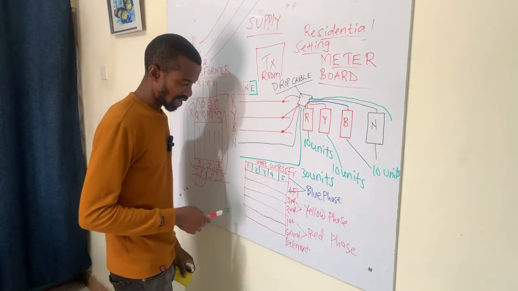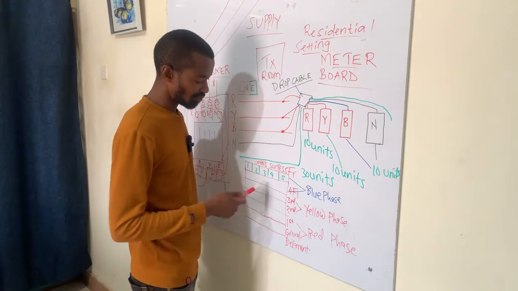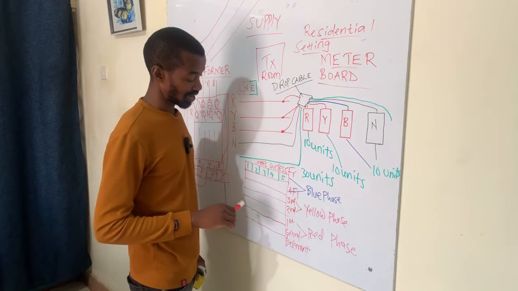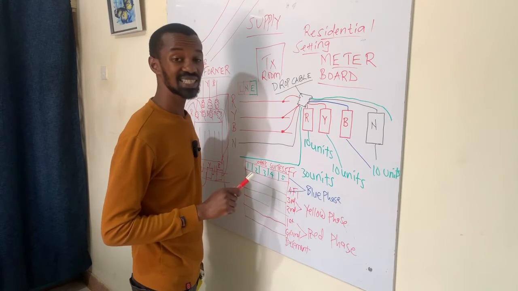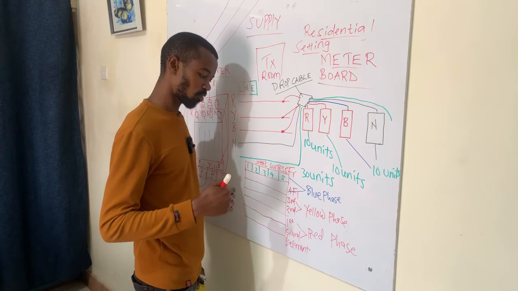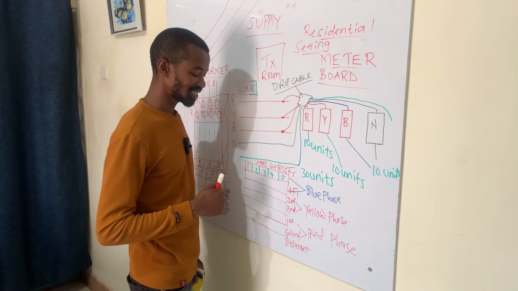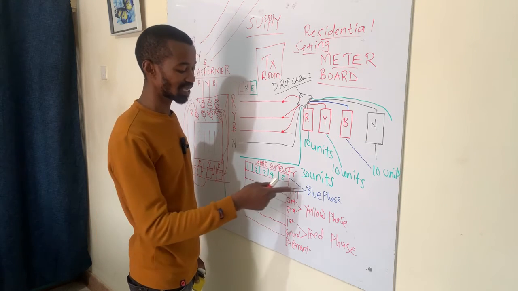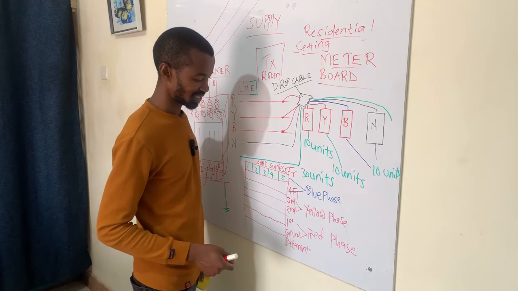So we have said that you have six floors inclusive of the ground floor, and each floor has five units. These are two-bedroom units, making 30 units.